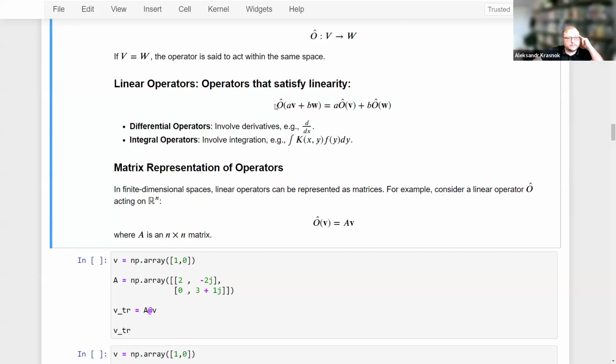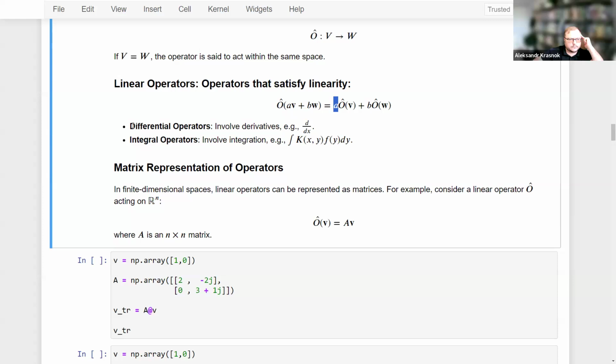Right, so what is written here, I have operator which acts on a composition of two vectors, right? One vector multiplied by some constant plus another constant multiplied by another vector. And this simply means that the result of this action is given by the sum of the two, and you can take the constant out from the operator.